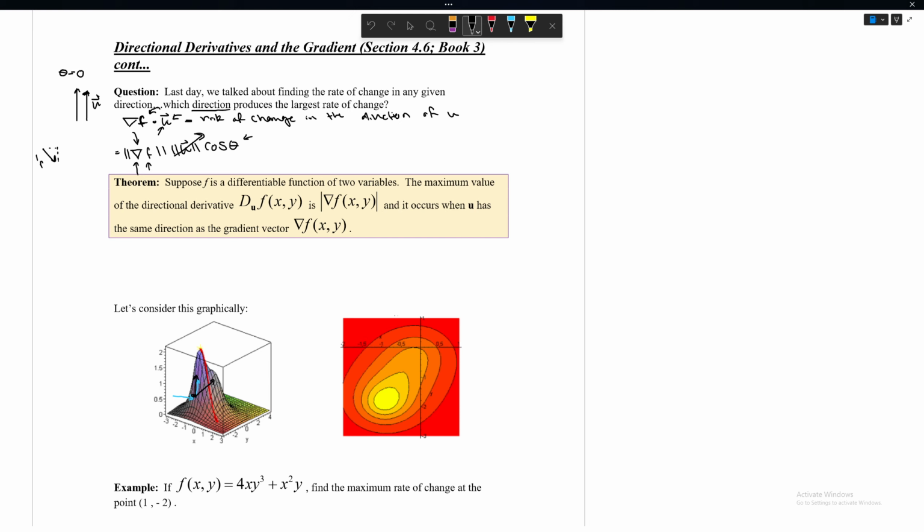So if I give it a direction, it'll give me the rate of change in that direction. But if my direction is the same path as the gradient, it gives me the largest rate of change. And so this also goes to 1 because cos of 0 is 1.